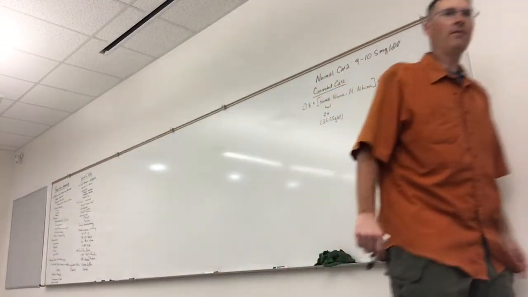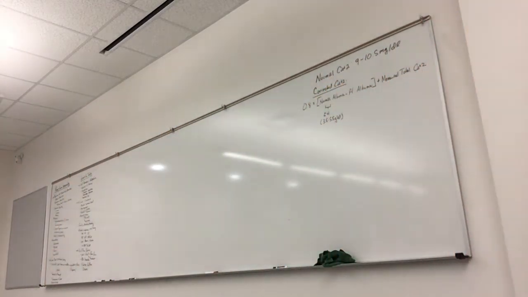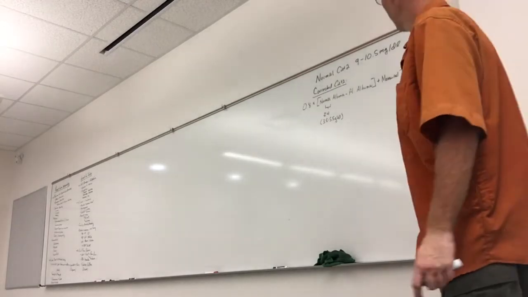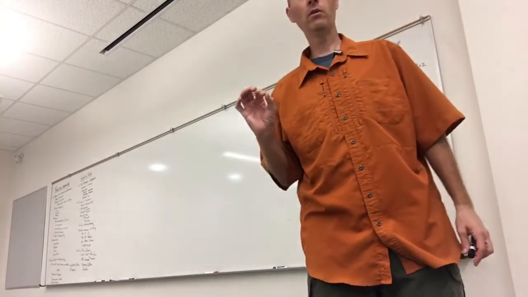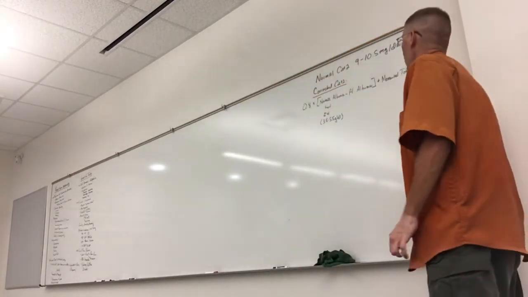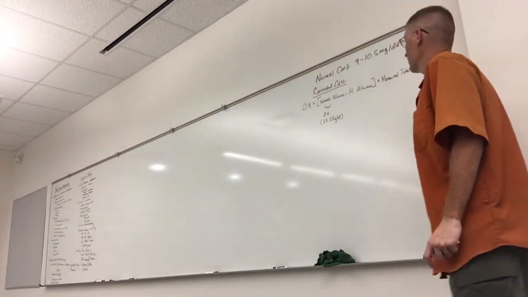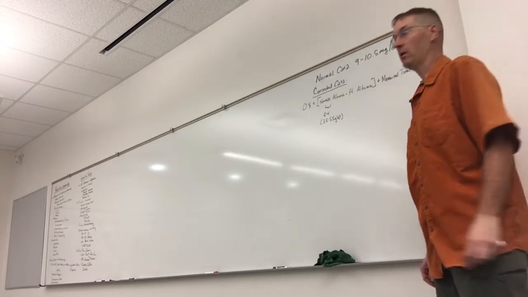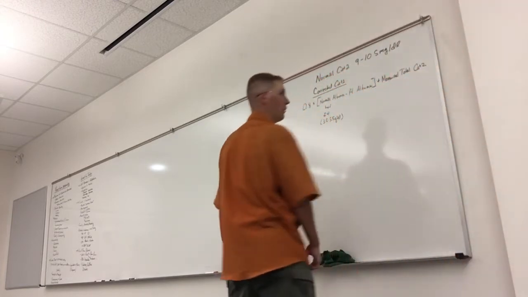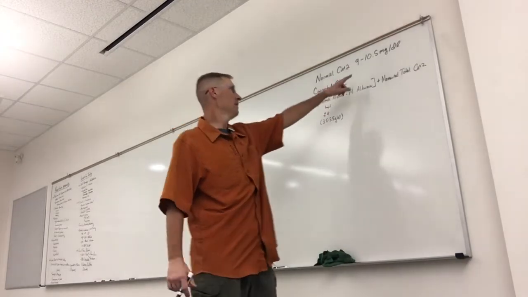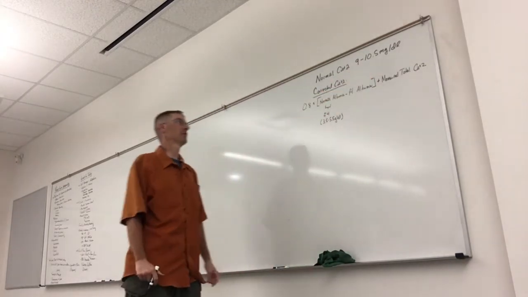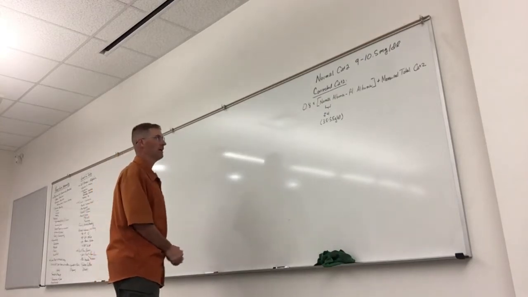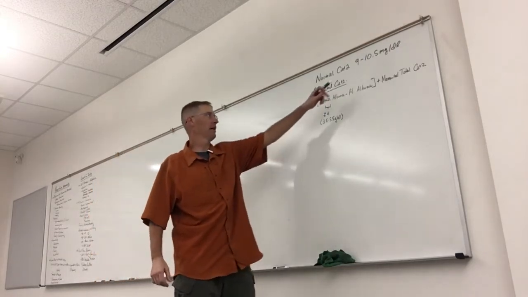This is most notable in the setting of hypoalbuminemia, when the albumin level is lower than normal. First, let's define normal calcium and normal albumin levels. The normal total calcium is 9 to 10.5 milligrams per deciliter.